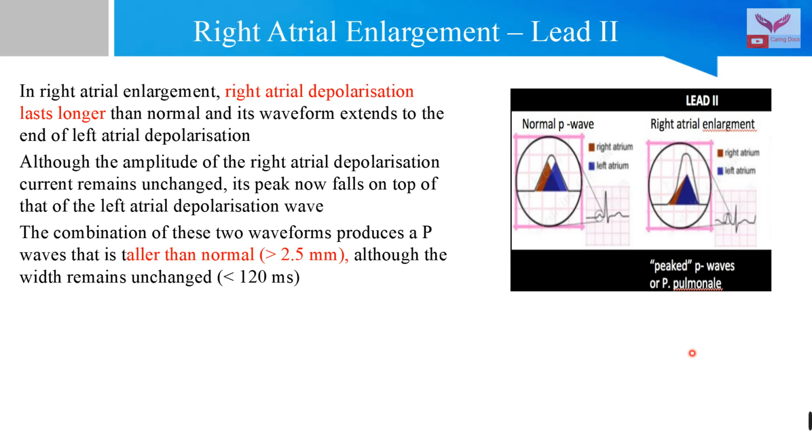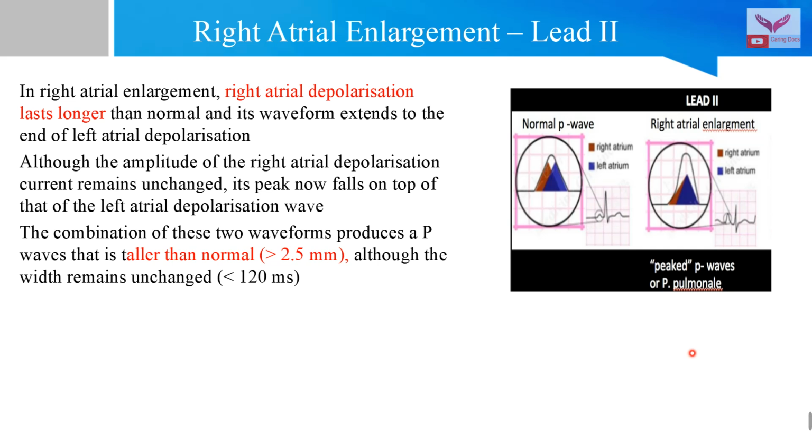In right atrial enlargement, the right atrial depolarization lasts longer than the normal, and its waveform extends to the end of the left atrial depolarization. Although the amplitude of the right atrial depolarization remains unchanged, its peak now falls on the top of the left atrial depolarization wave.